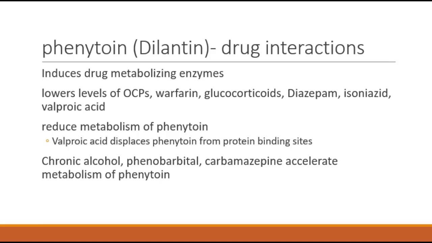Chronic alcohol use and phenobarbital are enzyme inducers. Carbamazepine has accelerated metabolism of phenytoin. As a result of those, you get a subtherapeutic level of phenytoin because the metabolism is increased, so it's all metabolized too quickly.